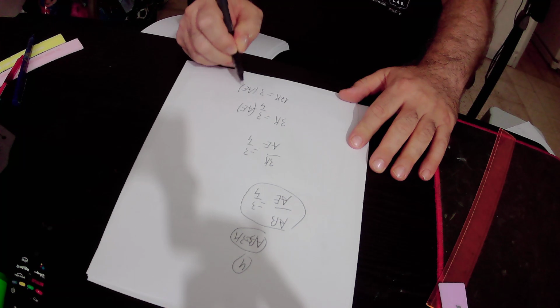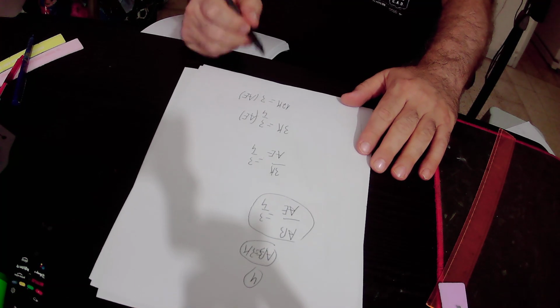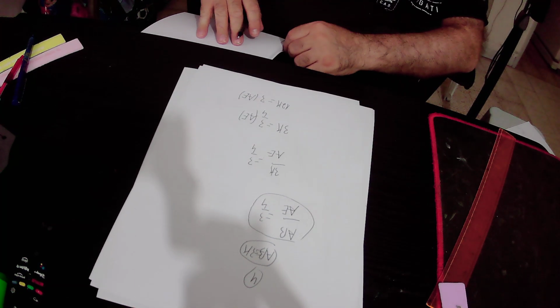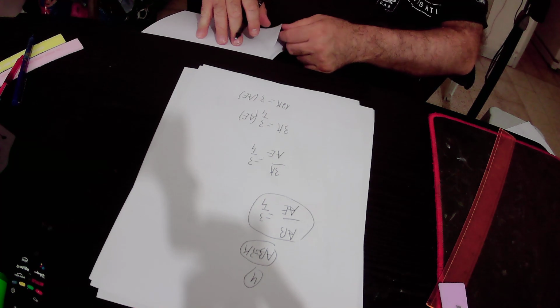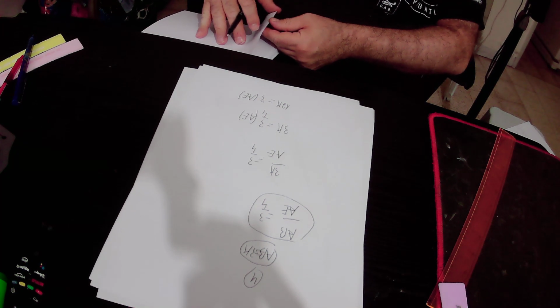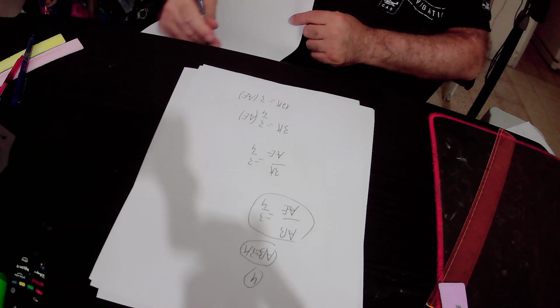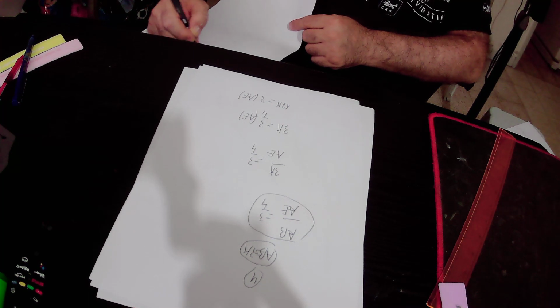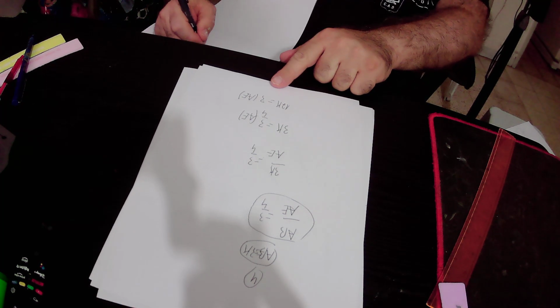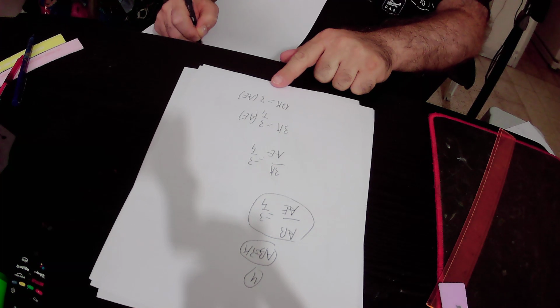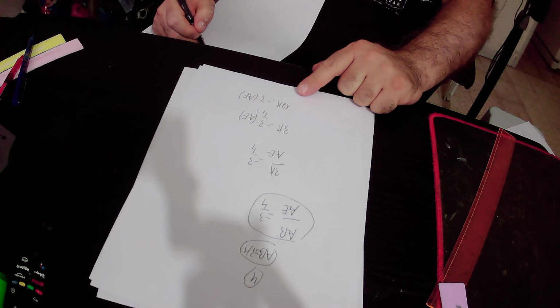So here we will divide this equality by 3 and we will get that AE equals 12K over 3.